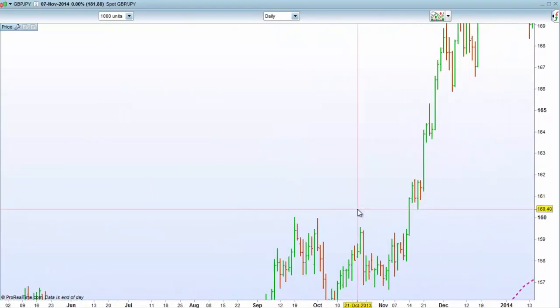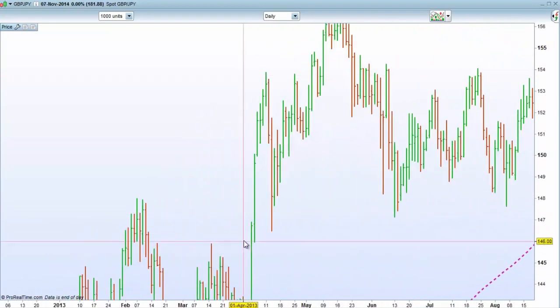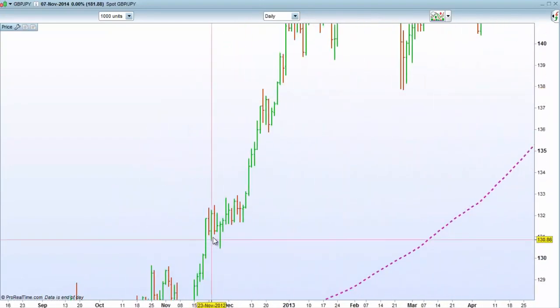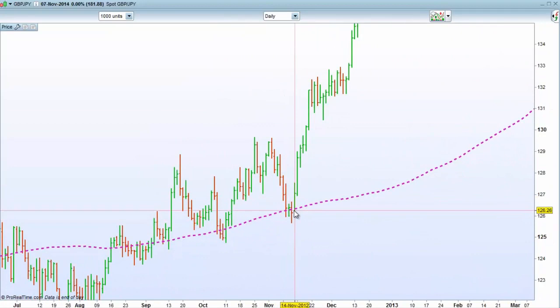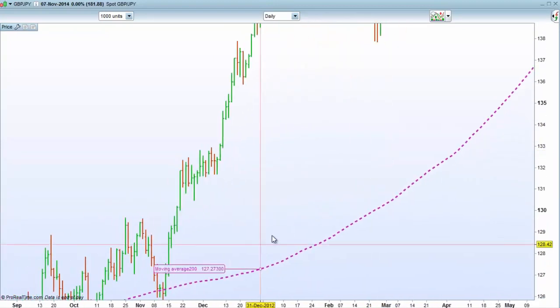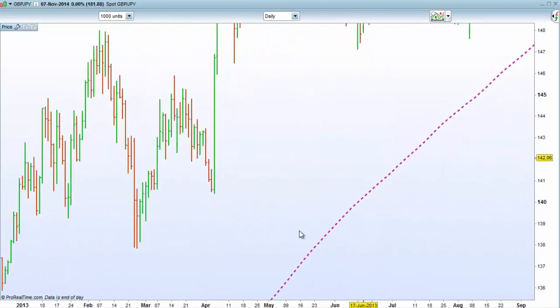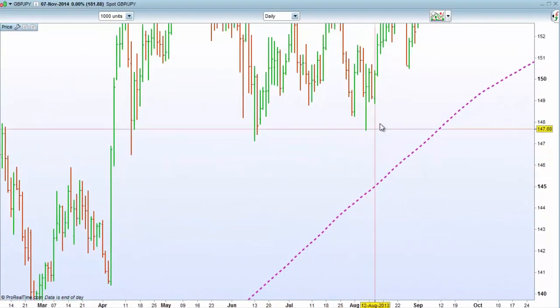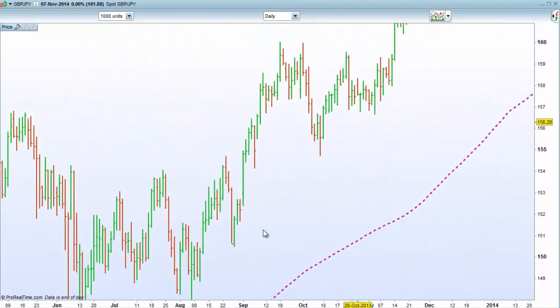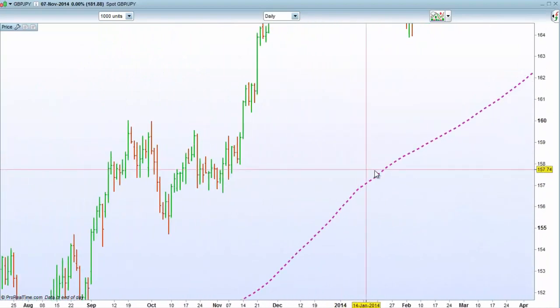Now, I want to show you where we got long again, so we don't forget that. We got long on this day, November 14, 2012, and our stop was the low at 126.02. Just remember that. Now remember, the next time we're going to exit is when the trade closes back below this pink dotted line.